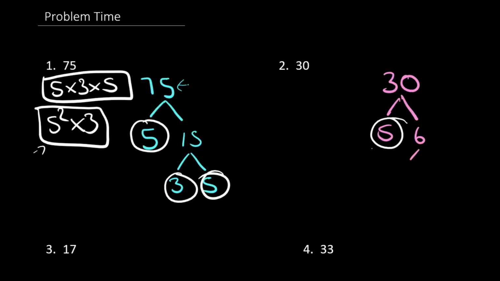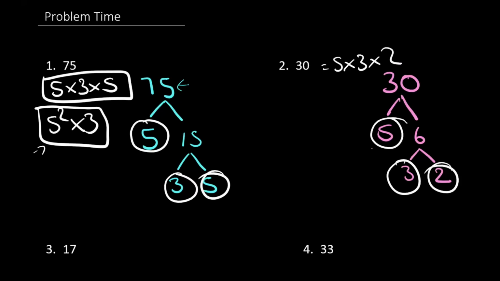And then 3 times 2 is 6. And that's it because 3 and 2 are prime numbers, right? So we can't keep going. We have to stop here. And our answer will be 5 times 3 times 2. And we can't use exponential form for this, so we have to leave it.